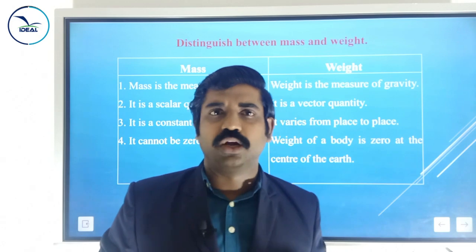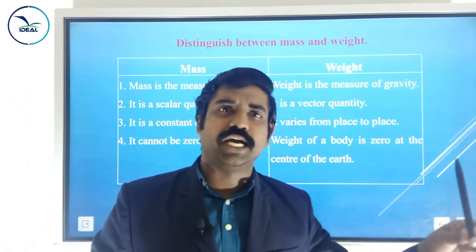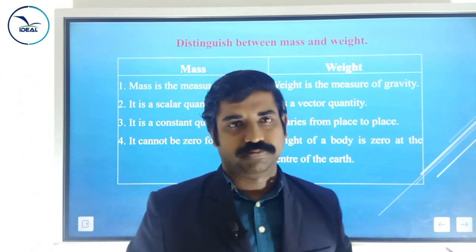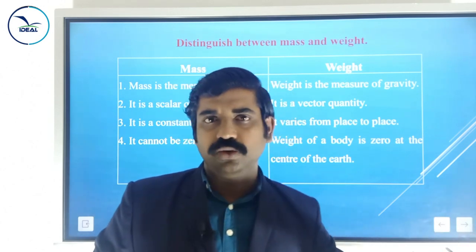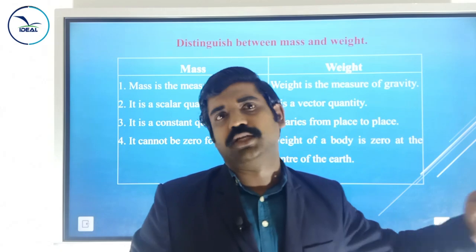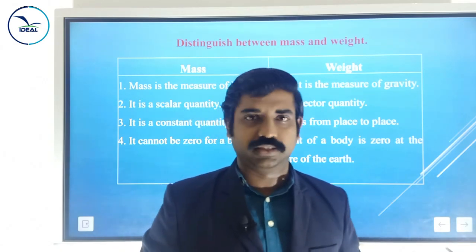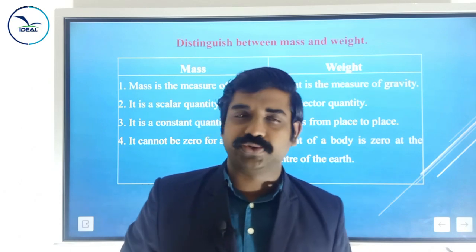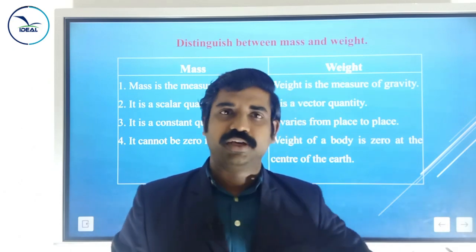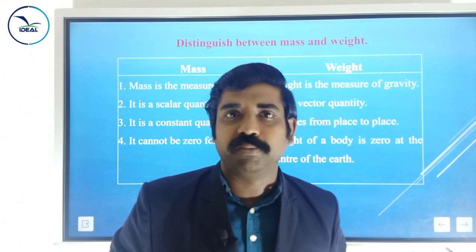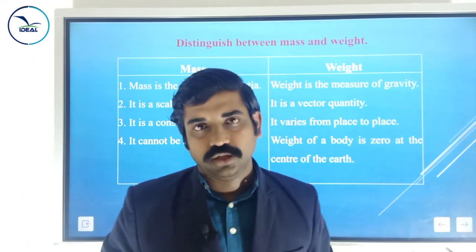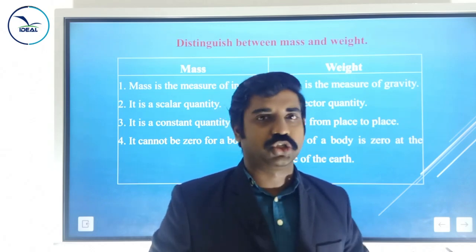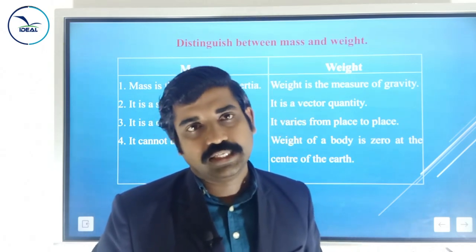If I say 2 kilometers to the east, or to the west, then direction is there. If no direction is specified, it is a scalar.